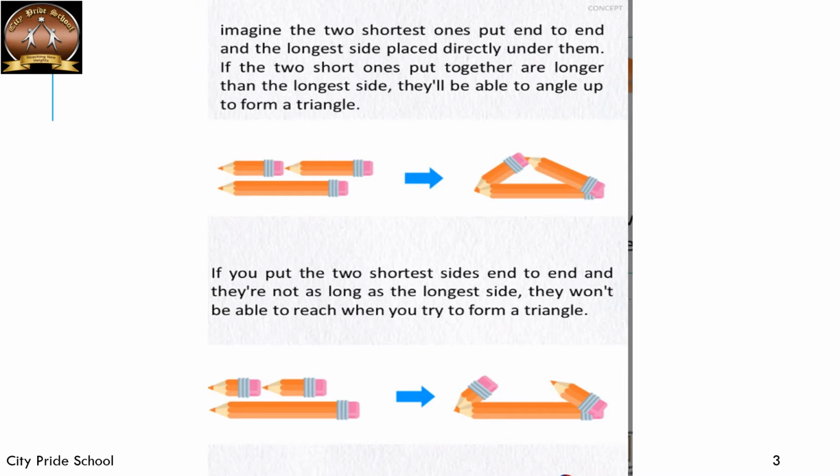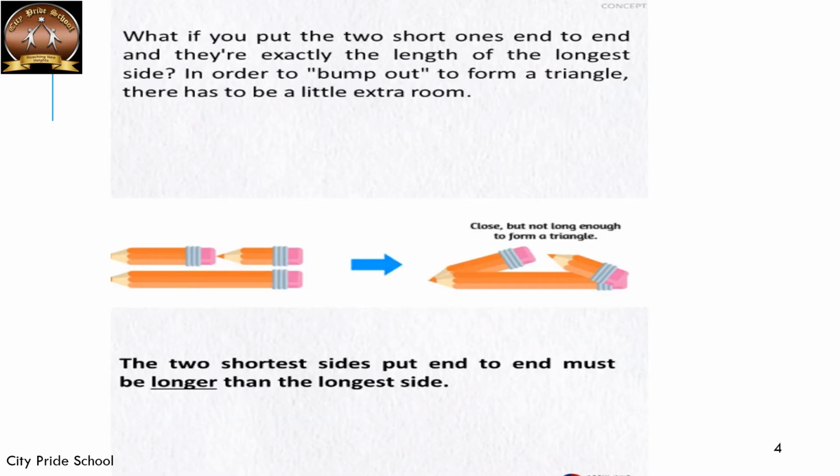If you put the two shortest sides end to end and they are not as long as the longest side, they won't be able to reach when you try to form a triangle. That means if the addition of the two shortest lengths is smaller than the third side, then they won't form a triangle. So this is the property of a triangle.